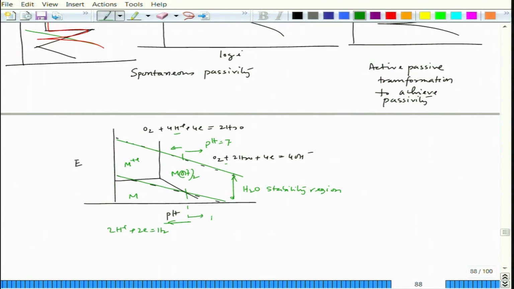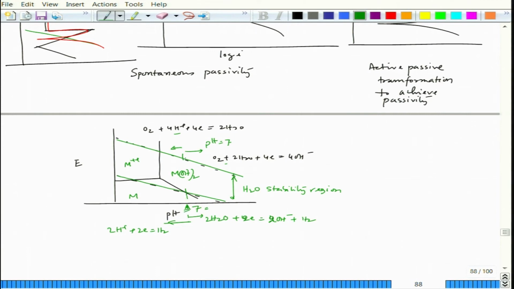Beyond this we have another reaction which is called water reduction. This reaction happens. So, if I try to polarize at pH 7, let us say.